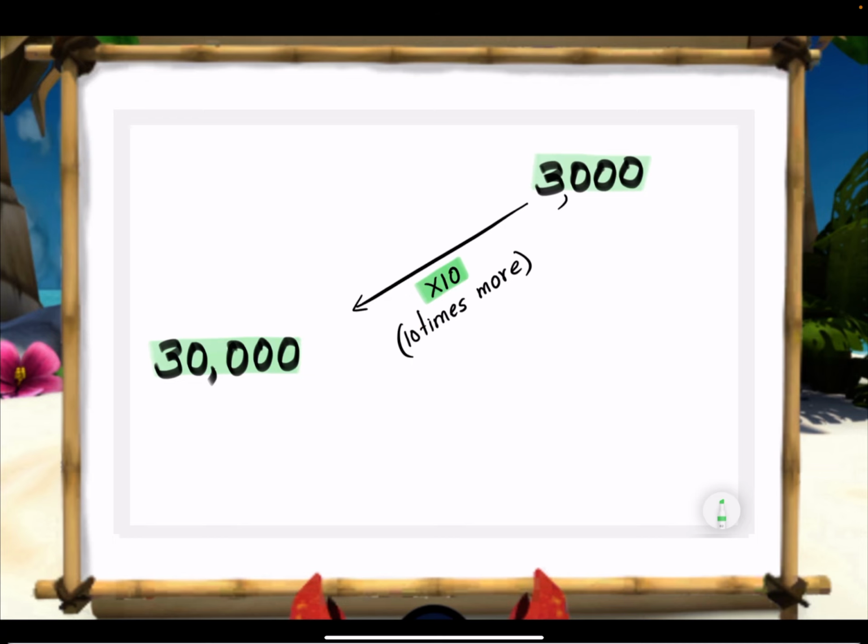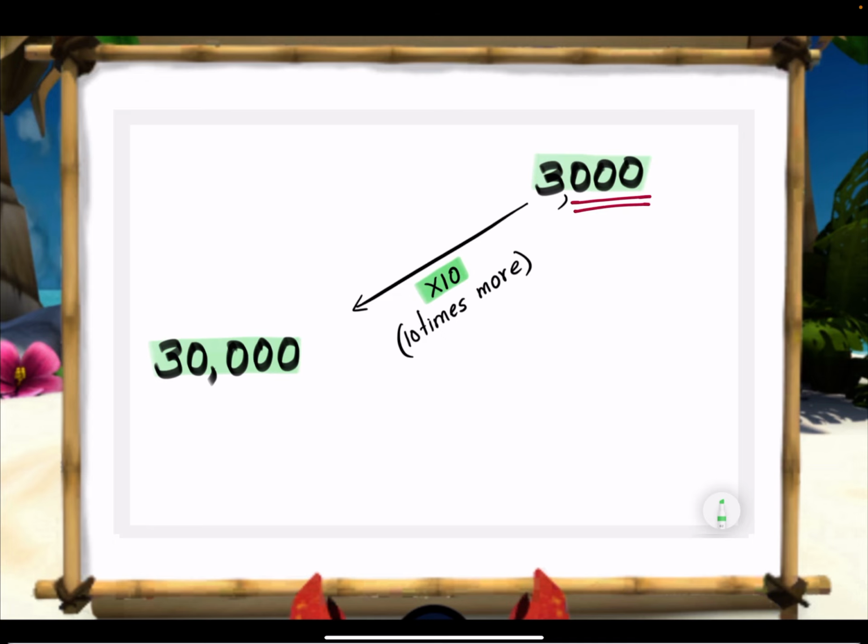The same thing, here the number is 3,000. We are multiplying the number 3,000 with number 10. 10 times more than 3,000 is 30,000. Take a closer look at the number 3,000. 3,000 has 3 zeros in it.